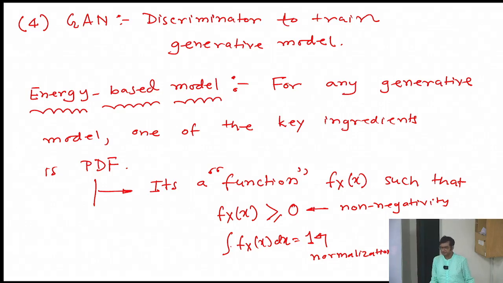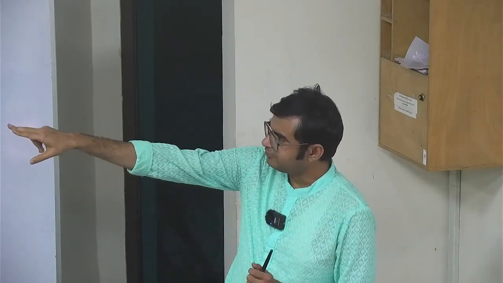Okay, then this is something you know. So now let me ask a question. Neural network, machine learning in most cases is a function, right? Neural network is a composition of functions, so it's a function. So it automatically satisfies the term that is inside the inverted commas. So can a neural network be used to represent a PDF? Because it's a function.